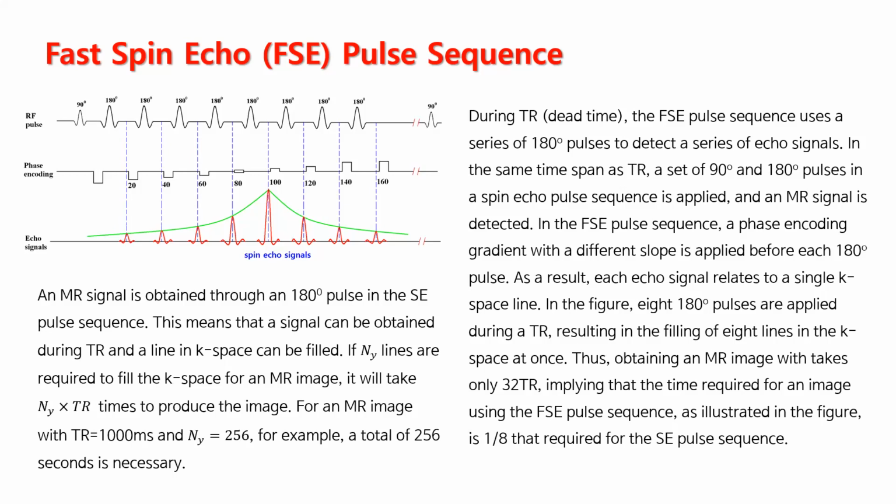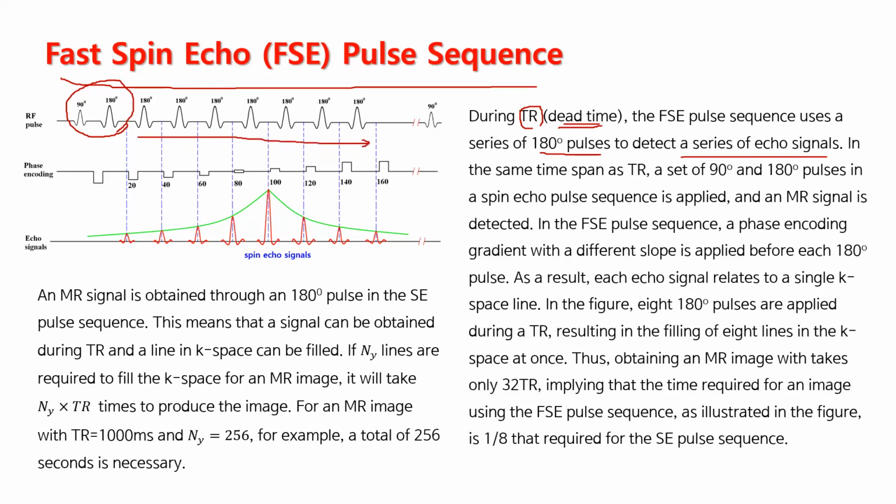Now next, see the fast spin echo pulse sequence. During TR, the dead time, right? The FSE pulse sequence uses a series of 180 pulses to detect a series of echo signals. So this is the spin echo pulse sequence. And after that, we use a series of 180-degree pulses to detect the MRI signals.